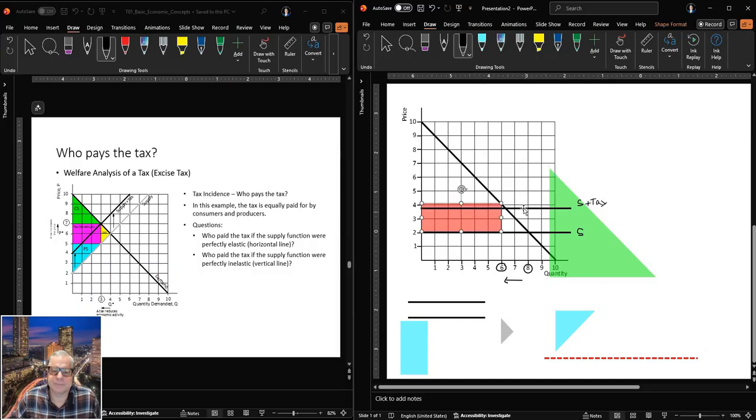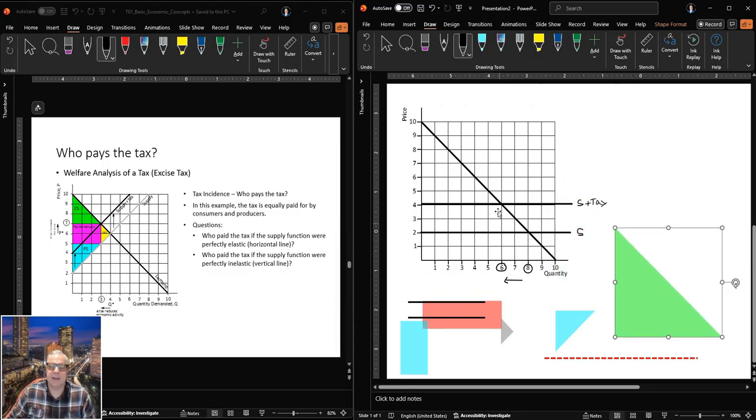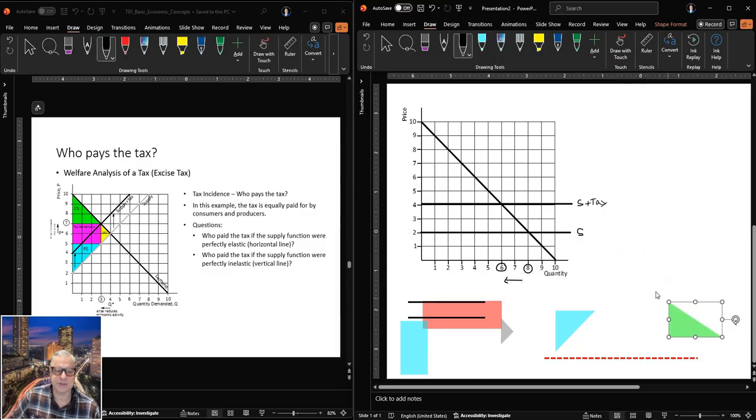So in other words, whenever the supply curve is horizontal, the entire tax incidence falls on the consumers.